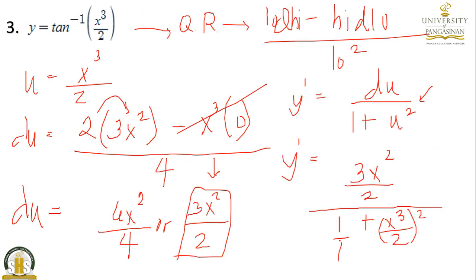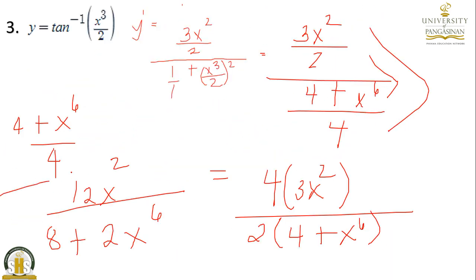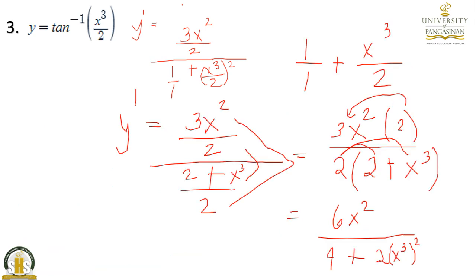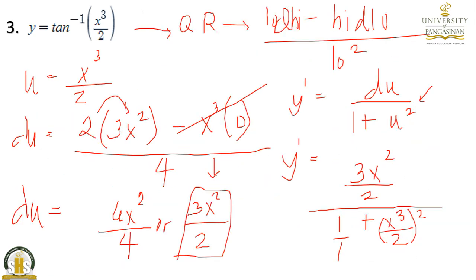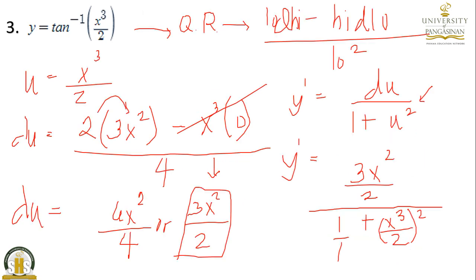Tapos may raised to 2. Pero ito yung sagot natin nung na-distribute na natin yung 2 natin sa u, kasi we need to distribute the squared, the exponent of the formula. So, tignan natin yung formula ulit. Kitang-kita nyo naman dyan.